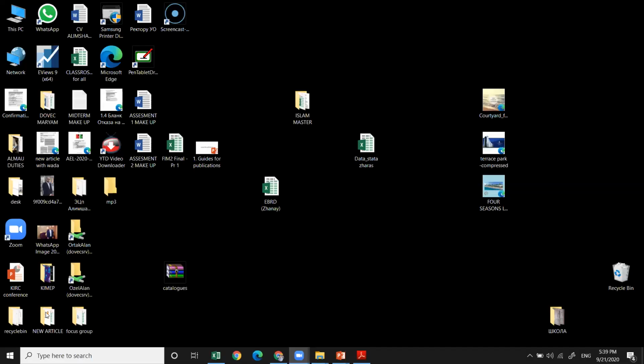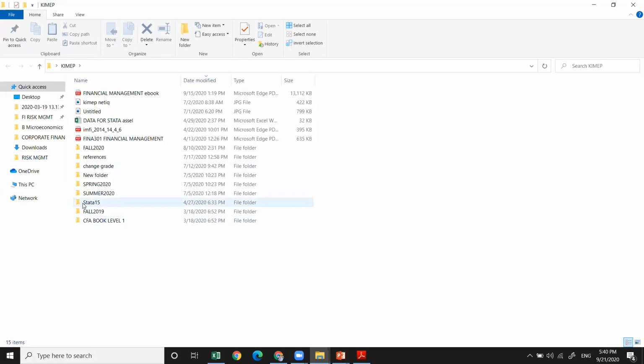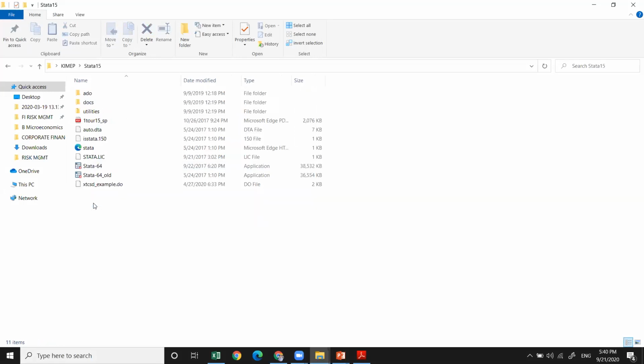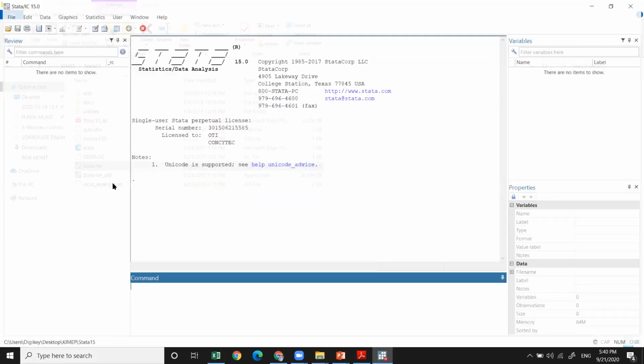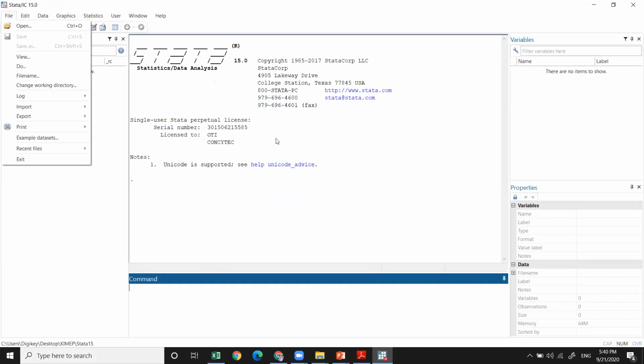The program itself is called Stata 15. You just double click on it and the program starts like this. There is a command that you should give and you should run the program. I will teach you how to use this program, and I will teach you some codes and commands to do the empirical analysis.